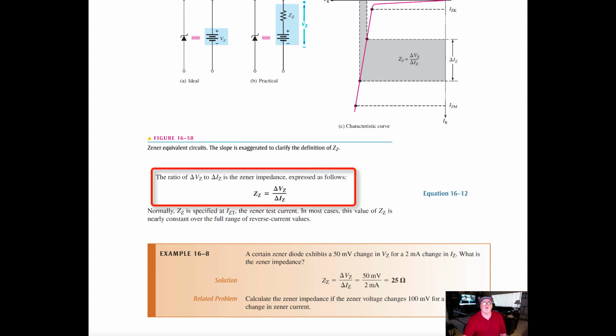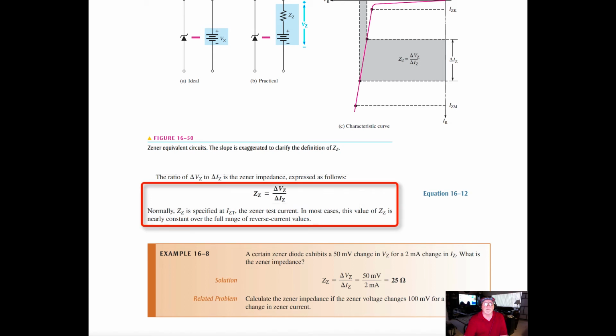The ratio of delta V_Z to delta I_Z is the Zener impedance, expressed as Z_Z equals delta V_Z divided by delta I_Z. Normally, Z_Z is specified at I_ZT, the Zener test current. In most cases, this value of Z_Z is nearly constant over the full range of reverse current values.